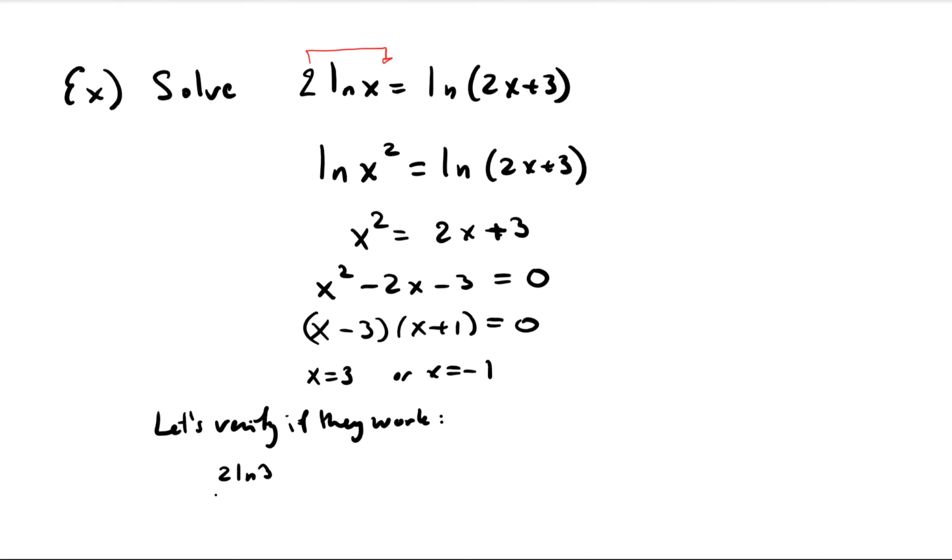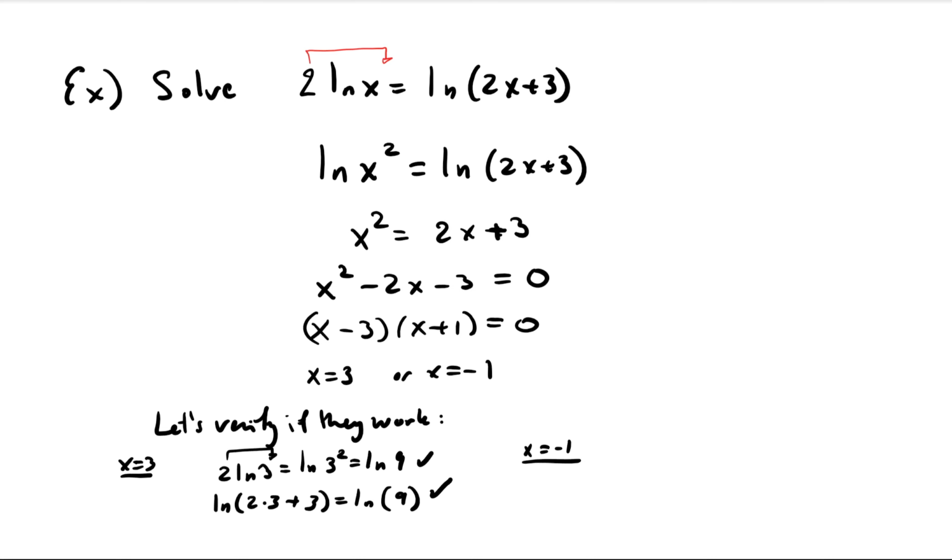And then you calculate ln of 2 times 3 plus 3, so that's ln of 6 plus 3, 9. Okay, and I'm not going to even use my calculator here. Ln of 2 times 3, I can bring the 2 in front as an exponent. This is ln of 3 squared. This is ln of 9. So as you can see, they're equal. So this is testing x equals 3. x equals 3 works.